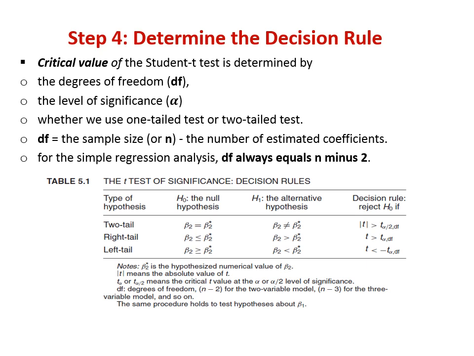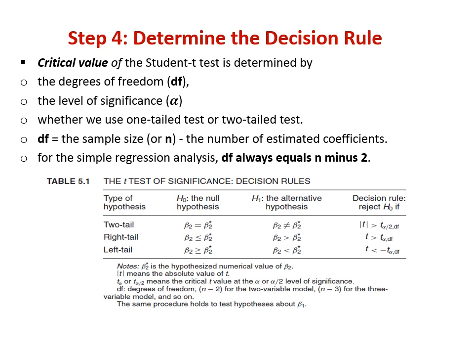The pre-selected critical value divides the sampling distribution with respect to the null hypothesis into two areas, that is an acceptance area and a rejection area. The critical value depends on the degrees of freedom, the level of significance, and whether we use a one-tailed test or two-tailed test.